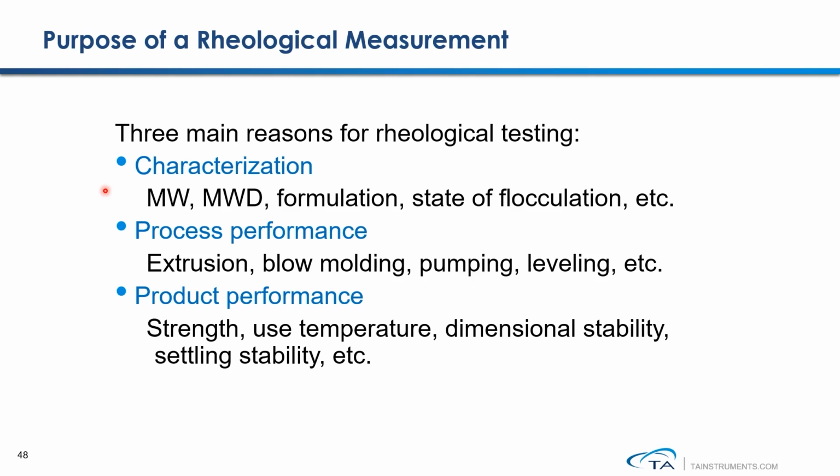Secondly, rheological testing results can be used to guide polymer processing, such as extrusion or blow molding. And the third purpose for rheological testing is to evaluate the performance of an end-use product. Specific rheological measurement results can be used to quantitatively compare the sample's mechanical strength, toughness, measure the sample's glass transition, and also dimensional stability.